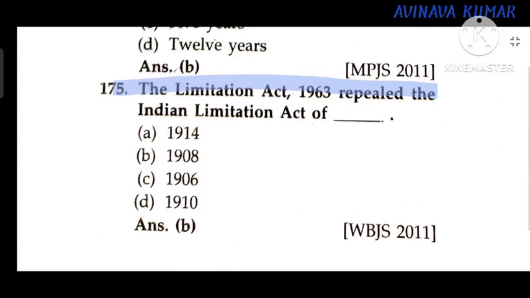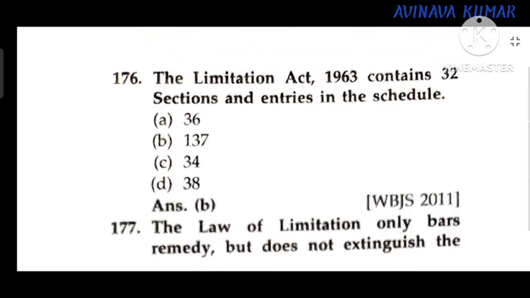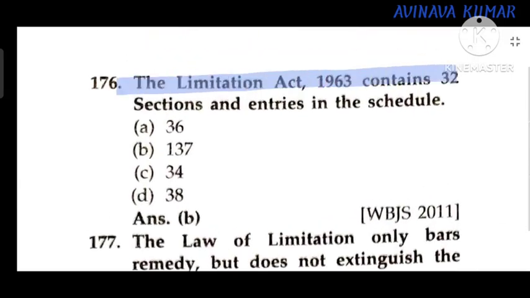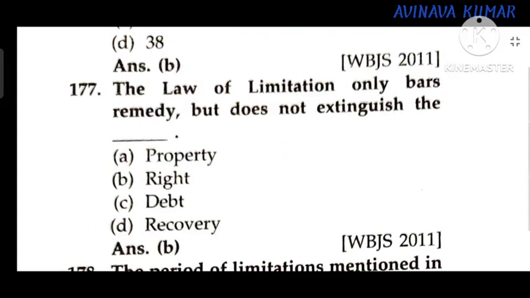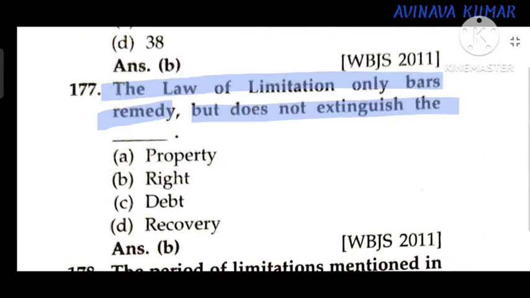Limitation Act 1963 repealed the Indian Limitation Act of 1908. The Limitation Act 1963 contained 32 sections and entries in Schedule 137. The law of limitation only bars the remedy but does not extinguish the right.